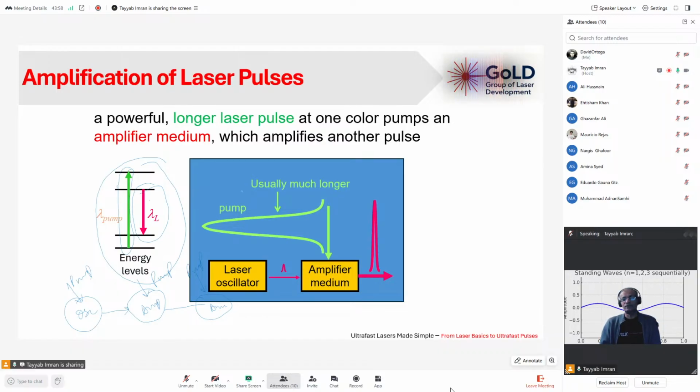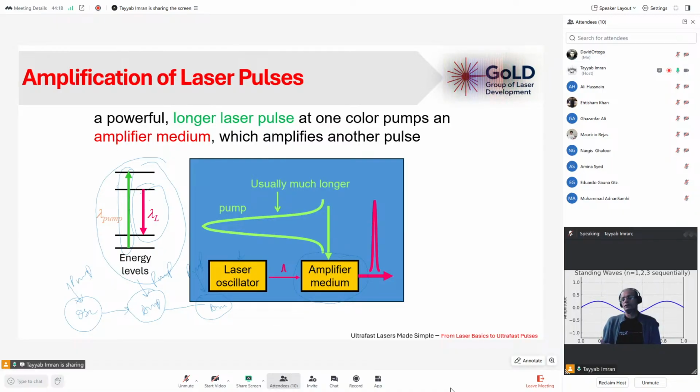Okay, and similarly here, this is your oscillator, and this is your amplifier, and you need a pump pulse.